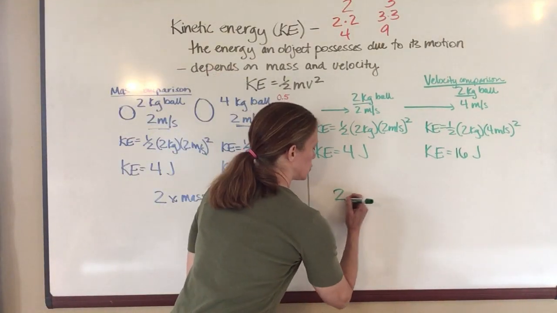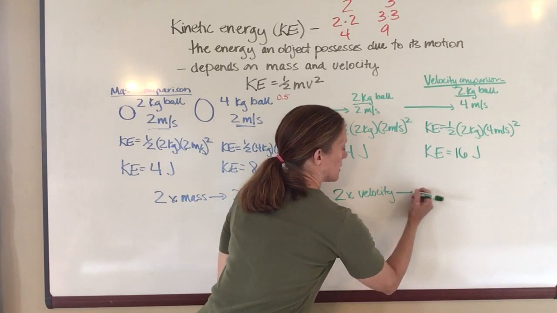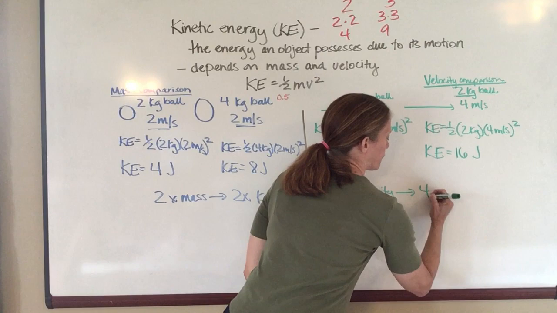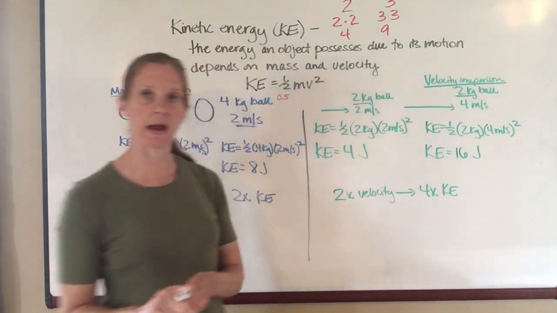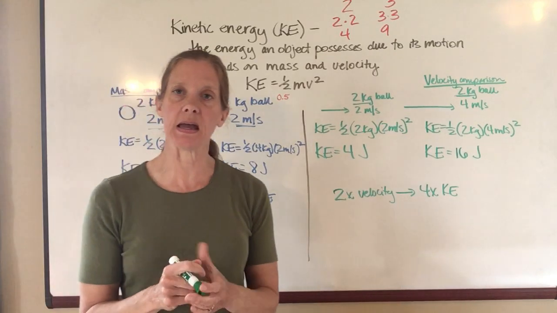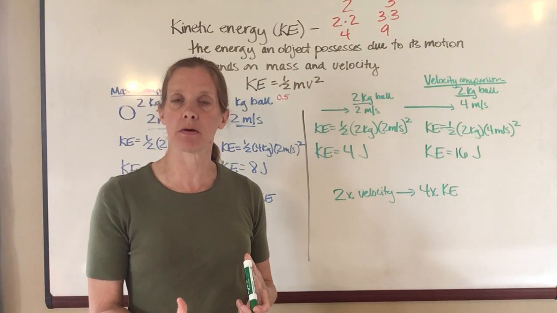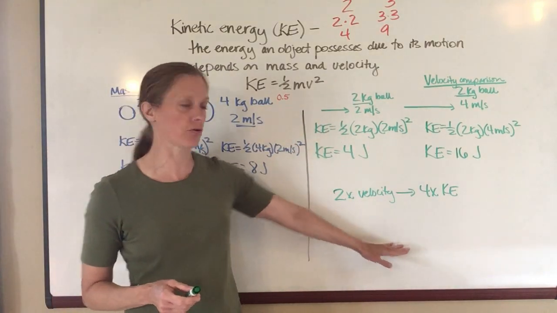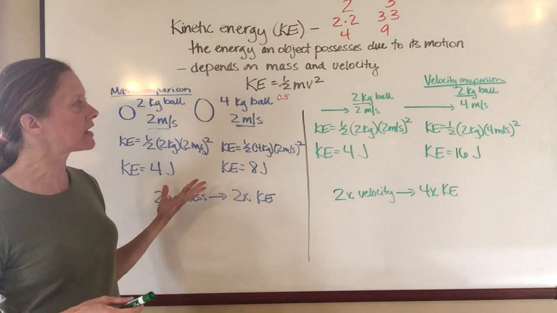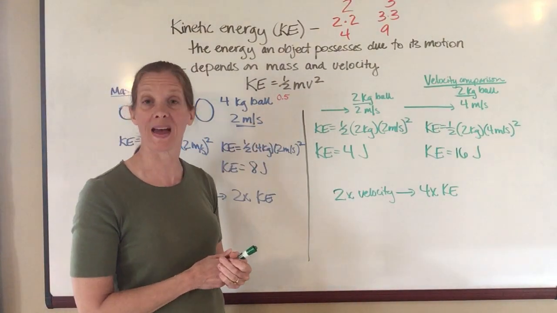Here, 2 times the velocity leads to 4 times the kinetic energy. So as you can see, if you are trying to increase the amount of kinetic energy something has, the velocity plays a much larger factor than the mass does, because when you're calculating it, you have to square that velocity.